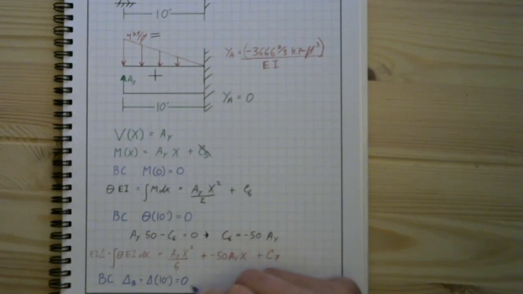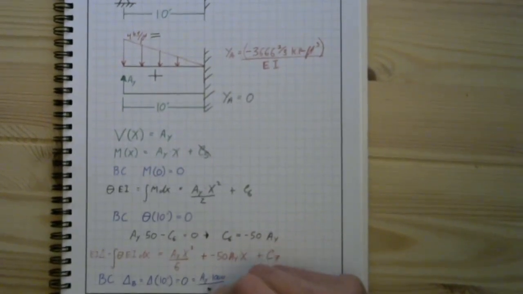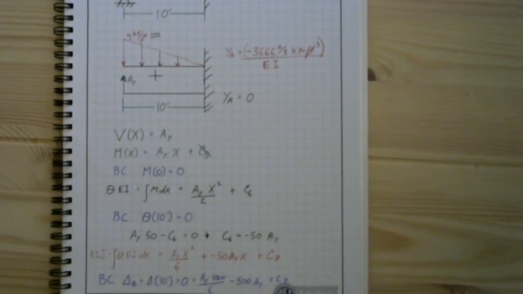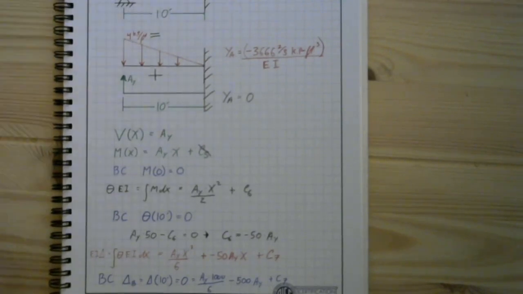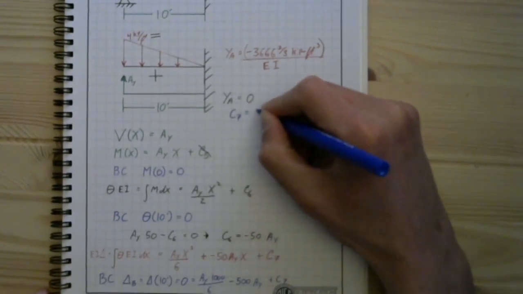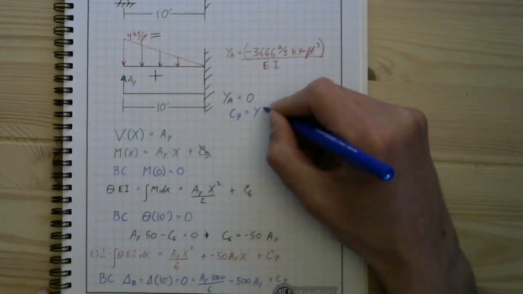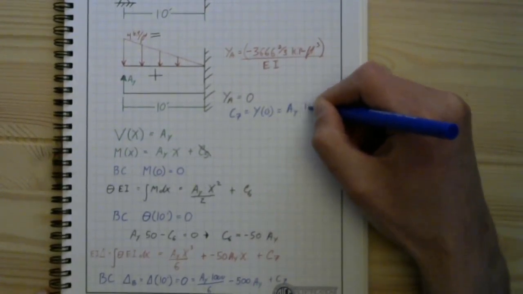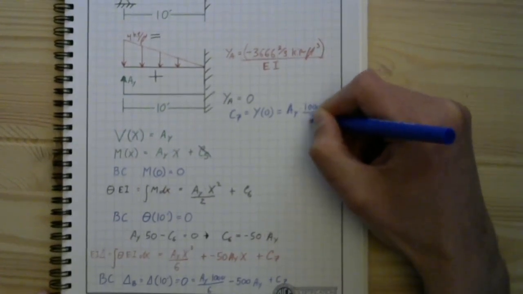So that tells us that we have AY 1000 over 6 minus 500 AY plus C7 equals 0, and that's going to give us C7, which is going to be the deflection at 0, and that's going to be positive AY times 1000 thirds.